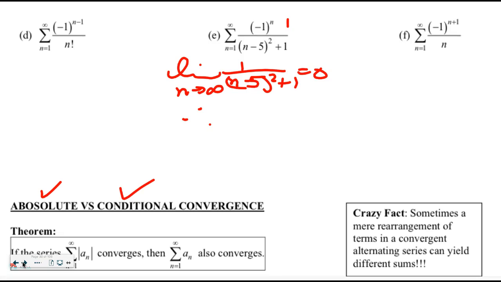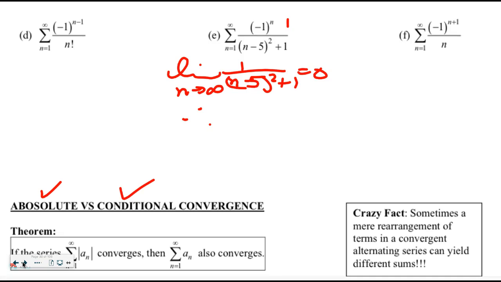So let's go look at letter F. In the presence of a viable alternator, yes, does the limit of the sequence go to 0? Yes. So therefore, that converges by the alternating series test, but it needs the alternator. What do I mean when I say it needs the alternator? In its absence, I'm looking at the what? Divergent harmonic.